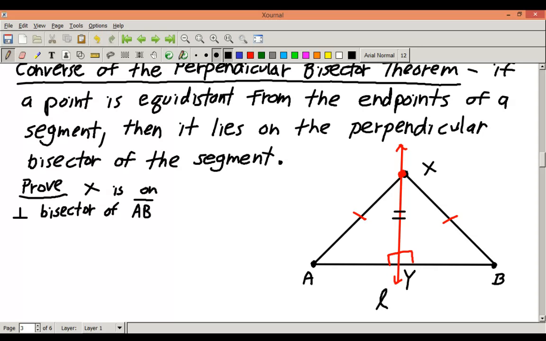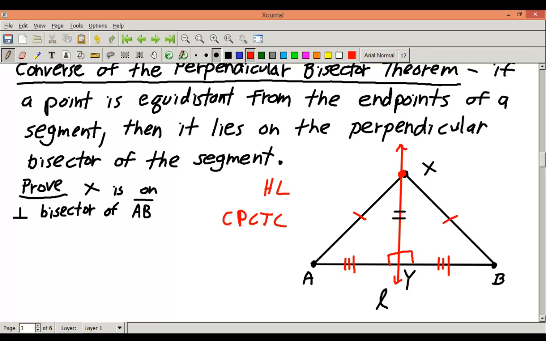And now we know the two triangles are congruent by HL because they both have a hypotenuse congruent and they have that common side, which is a leg. So the two triangles are congruent by HL. And that makes segment AY congruent to segment BY. Again, by CPCTC, corresponding parts of congruent triangles are congruent.